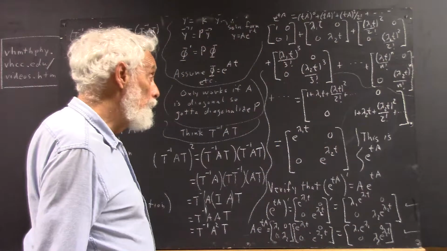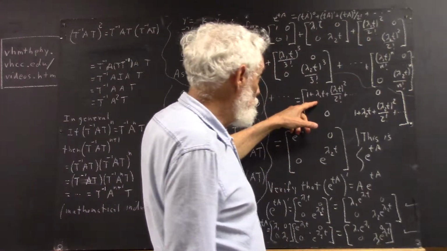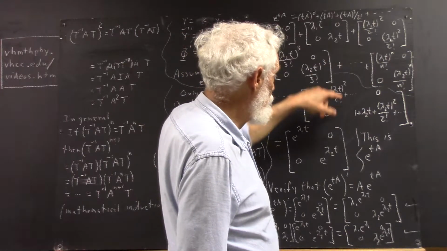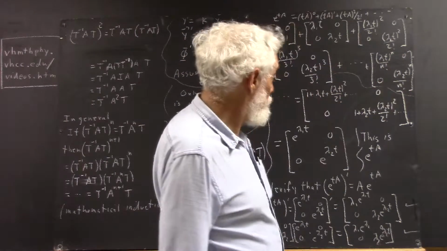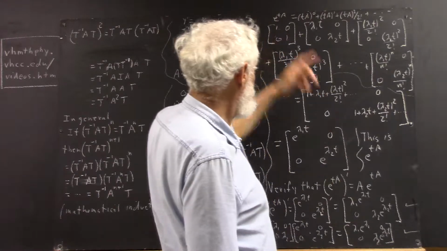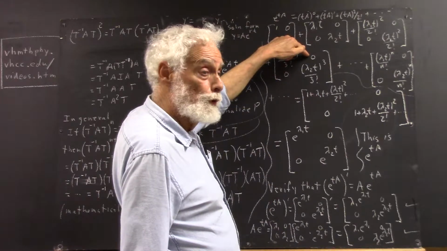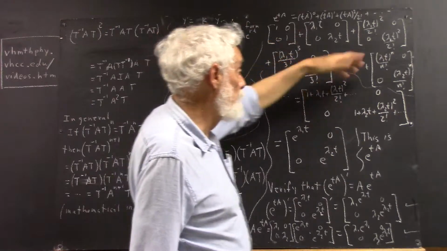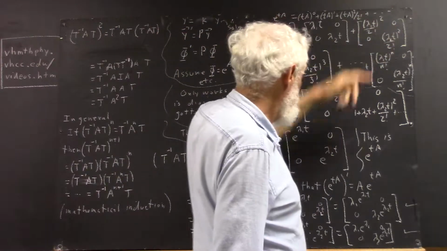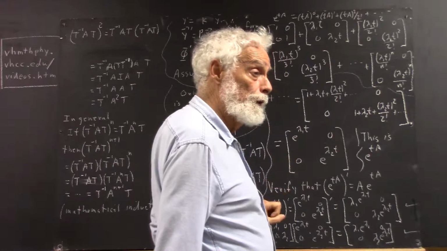And what are those quantities? Well, it's 1 plus lambda 1t plus lambda 1t quantity squared over 2 factorial and so forth forever. Okay? And our first row, second column, and second row, first column numbers in this diagonal are still going to all be 0, so they're going to add up to 0, so we're going to get zeros here.